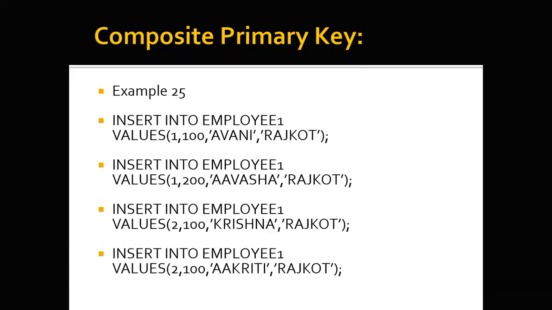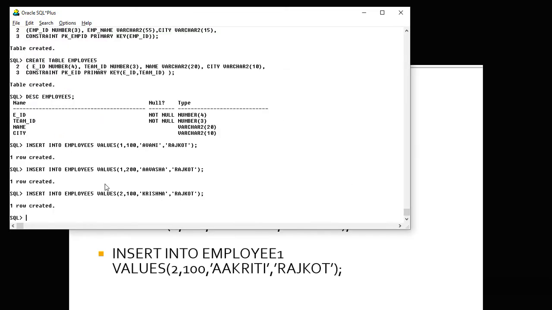Now let us add one more record. Insert into employee 5 values are 2 comma 100 comma Akriti is a name of an employee and the city is Rajkot.